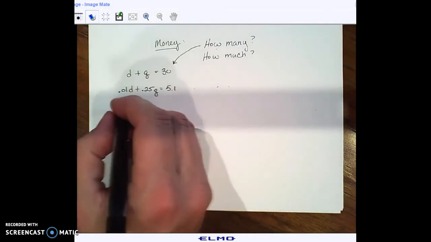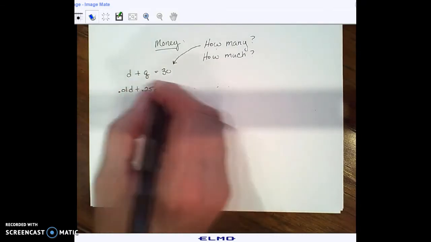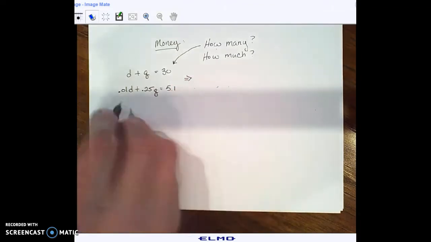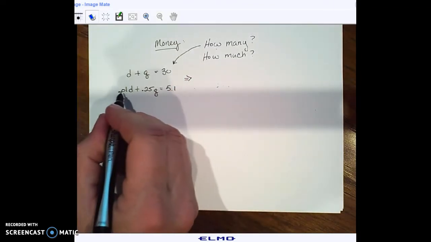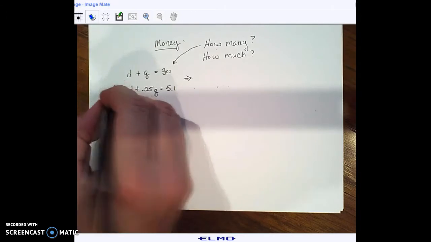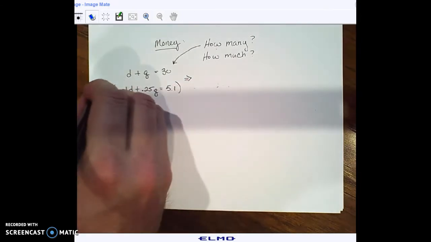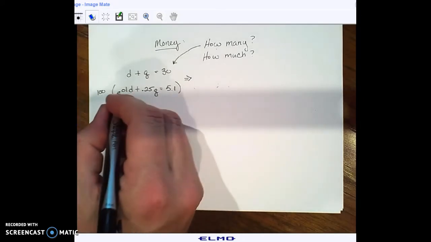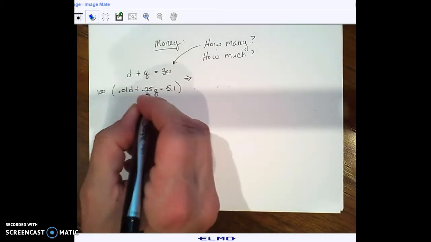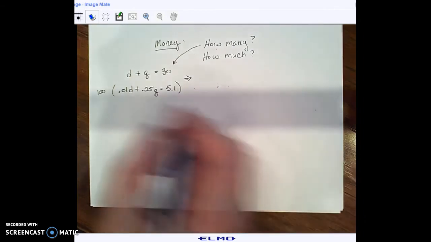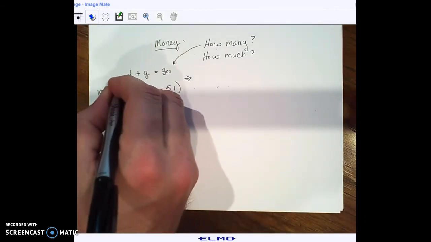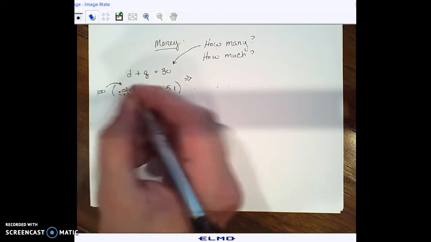What I want to do now is get rid of these decimals. I want to make it one solid number. And I do that by counting the number of decimal places. There are 2 decimal places, and so I'm going to multiply by 100. What that's going to do, multiplying any number by 100, is move the decimal place 2 places over. So what that's going to do is give me a solid number. Multiplying by 100 here is going to move my decimal place 2 over.